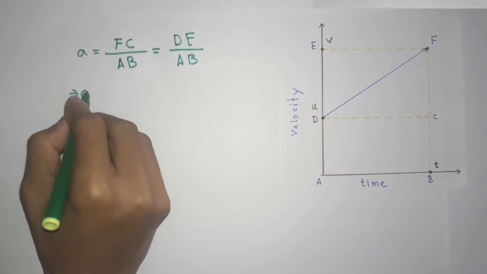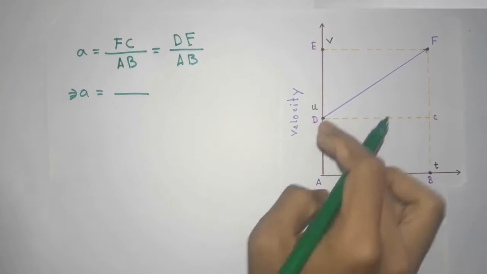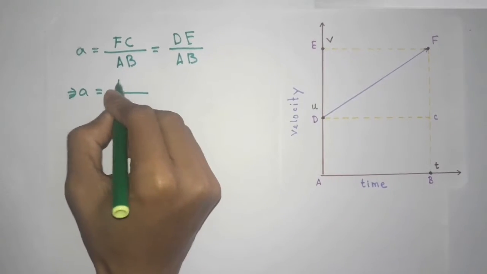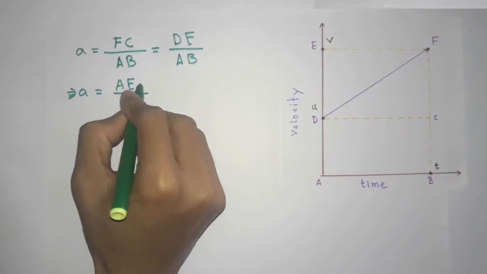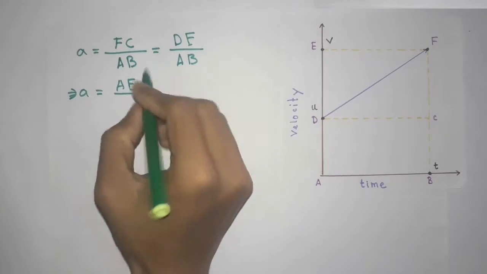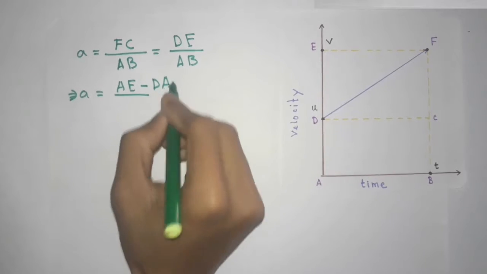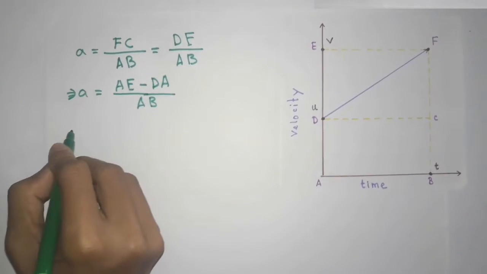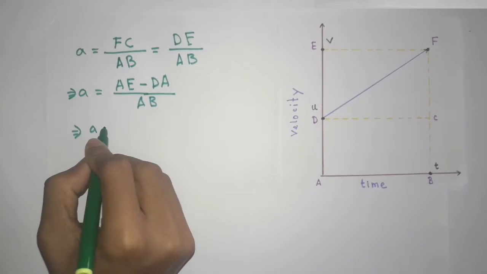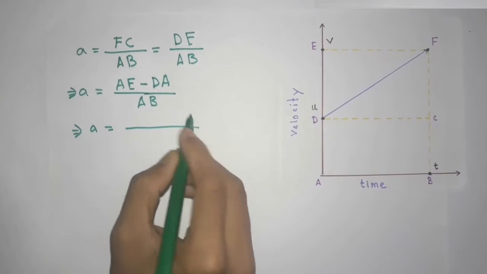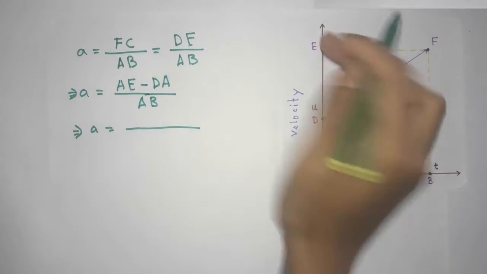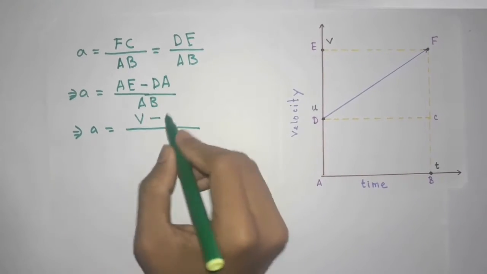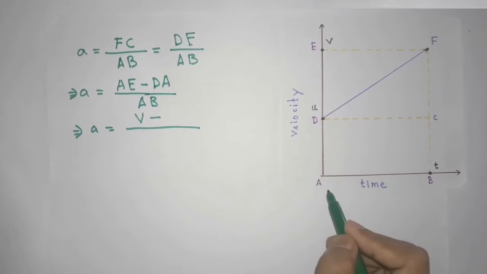This implies a is equal to DE divided by AB. What is DE? DE is equal to AE minus DA. What is AE? AE is v. And what is DA?